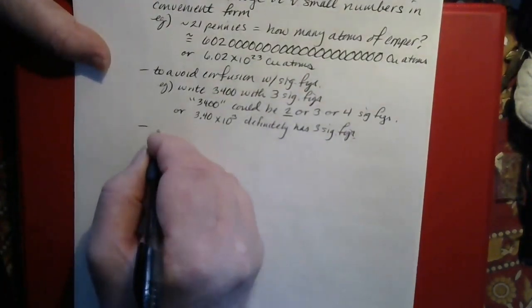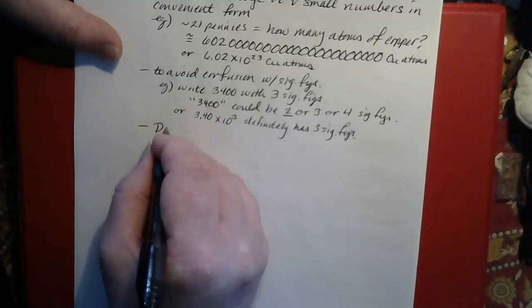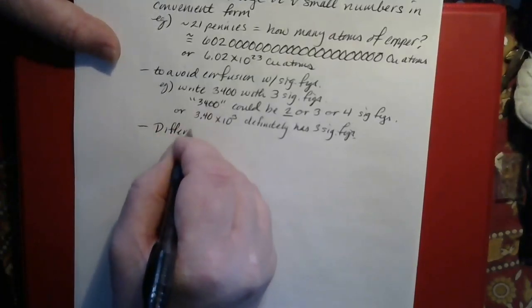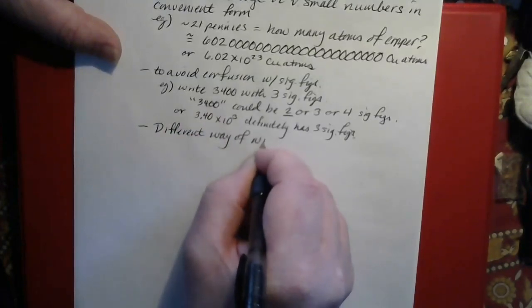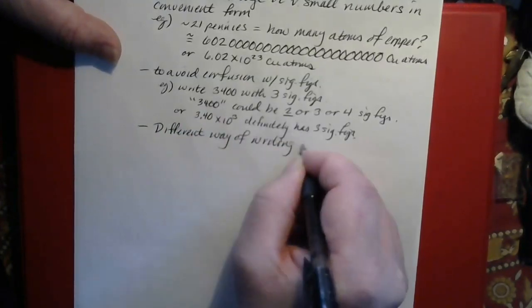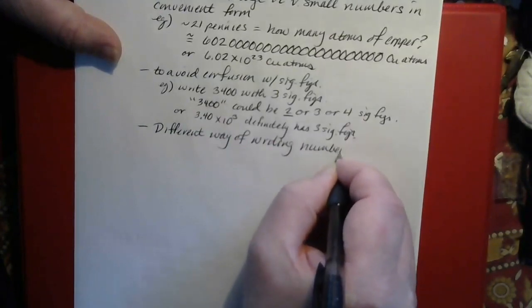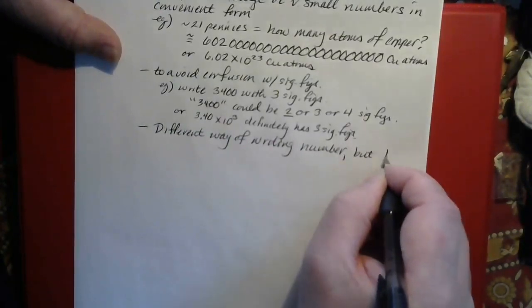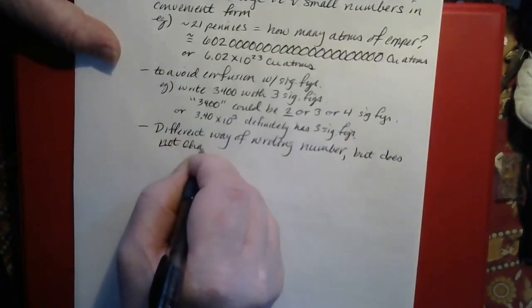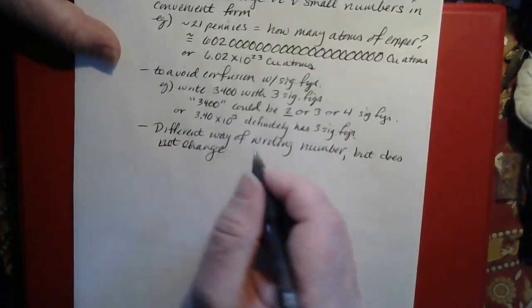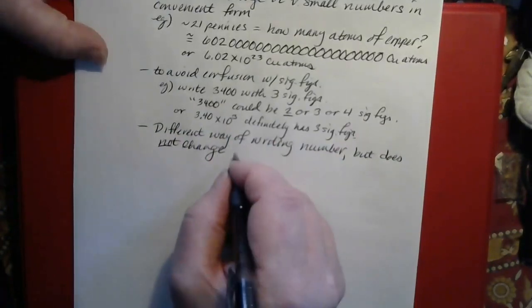Scientific notation is a different way of writing the numbers. But it's not meant to change the value of the numbers.